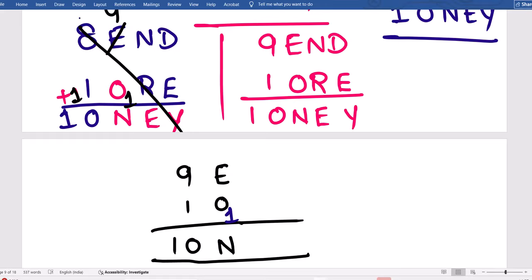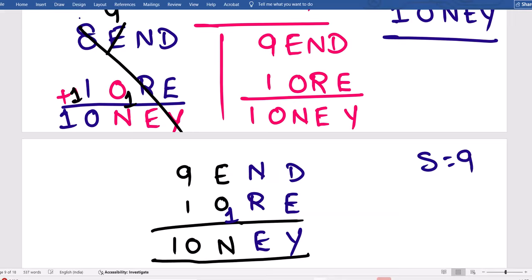Then 9 plus N plus R should be E, and D plus E should be Y. Now think about this case. What's the next step? We cracked only a few things. S value 9 is what we set so far. O value 0, M value 1.